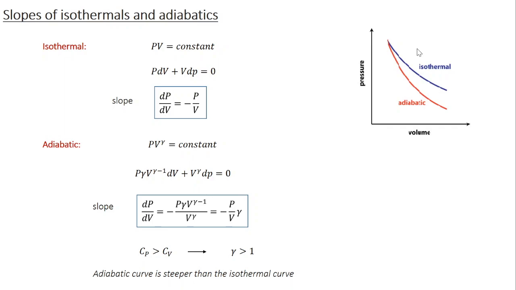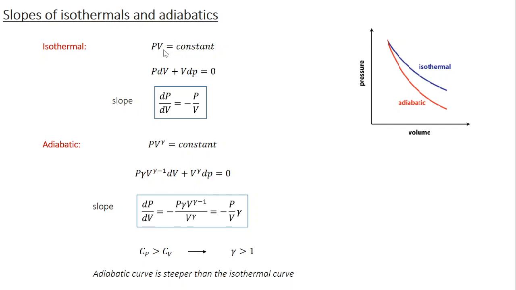Now we can give a mathematical proof of this. Mathematically we can prove that the adiabatic curve is steeper compared to the isothermal curve, or the slope of the adiabatic curve is greater than the slope of the isothermal curve. How do we do that? First, take the isothermal process. We know that PV is a constant.